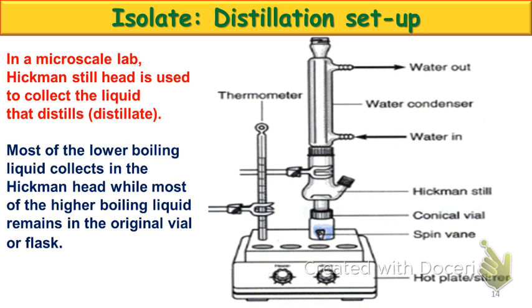To set up the distillation, very similar to your reflux, we're going to heat our liquid down at the bottom. What happens to the liquid? Turns into a gas. That gas rises up inside the column until it hits our cold glass. What happens when it hits the cold glass? It condenses, and it does what? Drips back down.